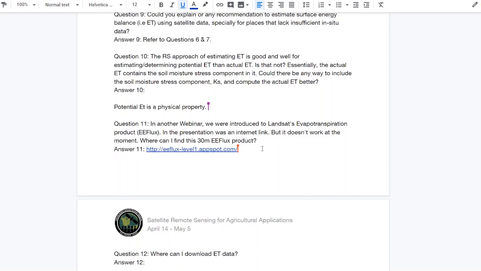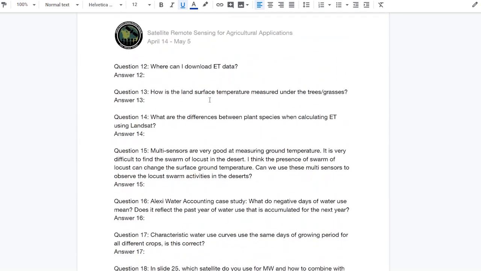Great. Question 12. Where can I download ET data? This is a question where it's probably better for me to come back and edit this later, and I can provide some links to openly available data.